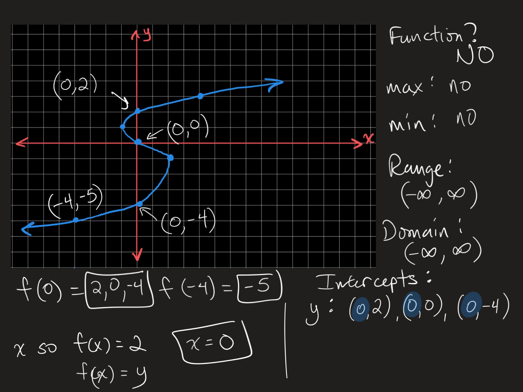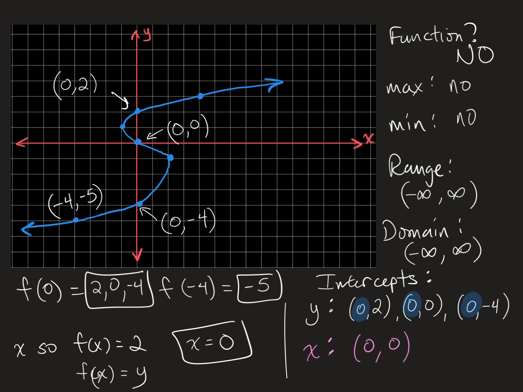Now, there's a bit of an odd thing that happens here because the next part is finding x-intercepts. And remember, x-intercepts happen when the y-coordinate is 0. So we have this point here with the y-coordinate 0. This is also an x-intercept. Let me do this. There we go. (0, 0).